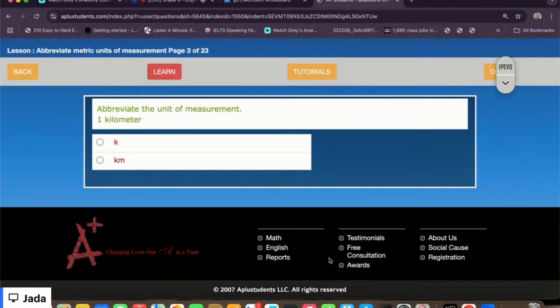So, what's the abbreviation of this? So, kilometer will be km.